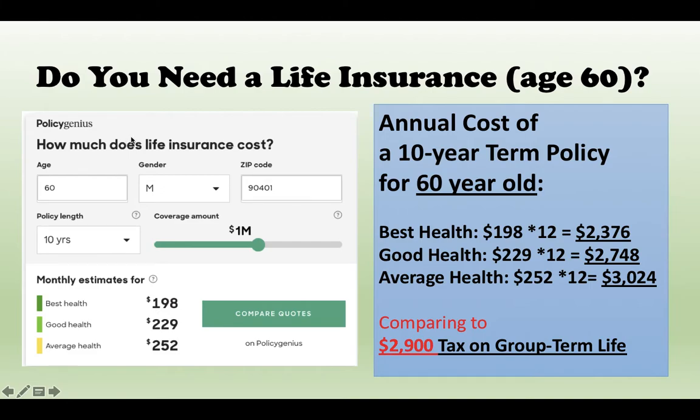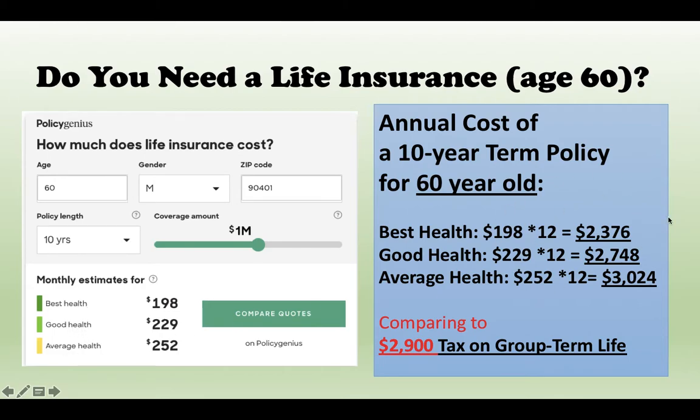It basically shows you how much life insurance costs. This says if you are aged 60, male, living in the Los Angeles area, then a 10-year term policy with a death benefit of 1 million will cost you this monthly amount, based on your health: best health, good health, average health.